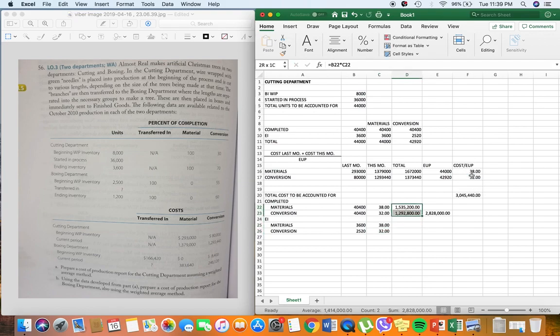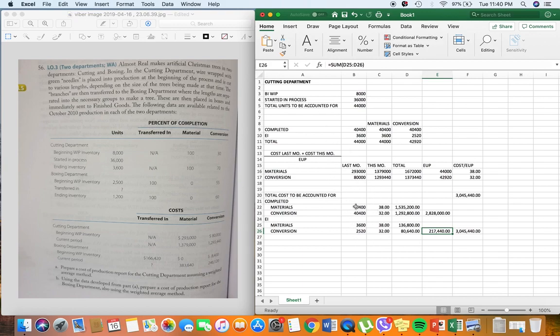If we multiply the EUP by the cost per EUP, we get 136,800 for materials and 80,640 for conversion. The sum of the two is 217,440. And when we total the cost of the completed units and the ending inventory, it should equal the total cost to be accounted for, 3,045,440.